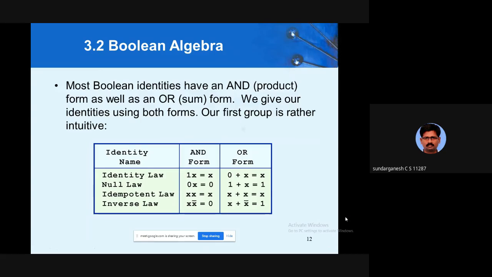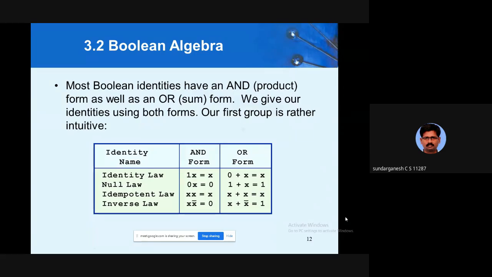When we multiply x into x, the output is x only, because x into x is not x squared, so it is once again x only. So this is about the AND form.